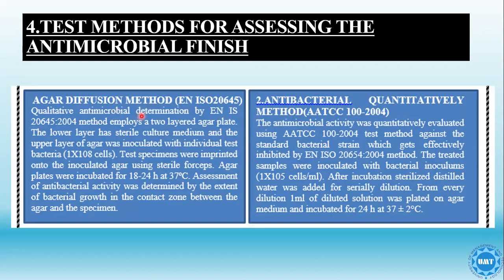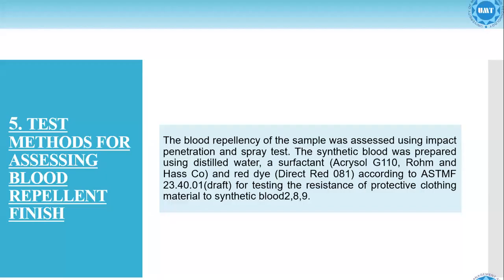Quantitative antimicrobial determination: test specimens were placed on the plate and incubated at a set temperature to assess the extent of the bacterial growth in the contact zone between the agar and the specimen. This is another quantitative method.